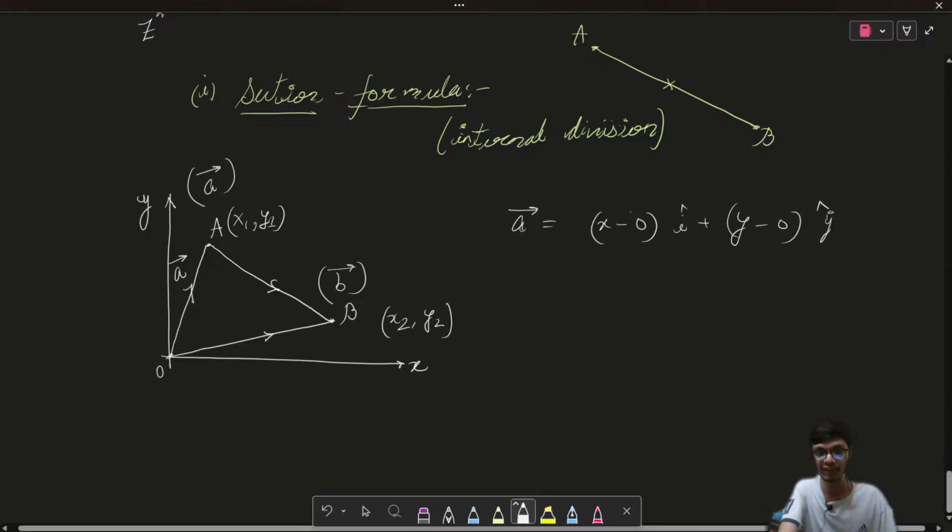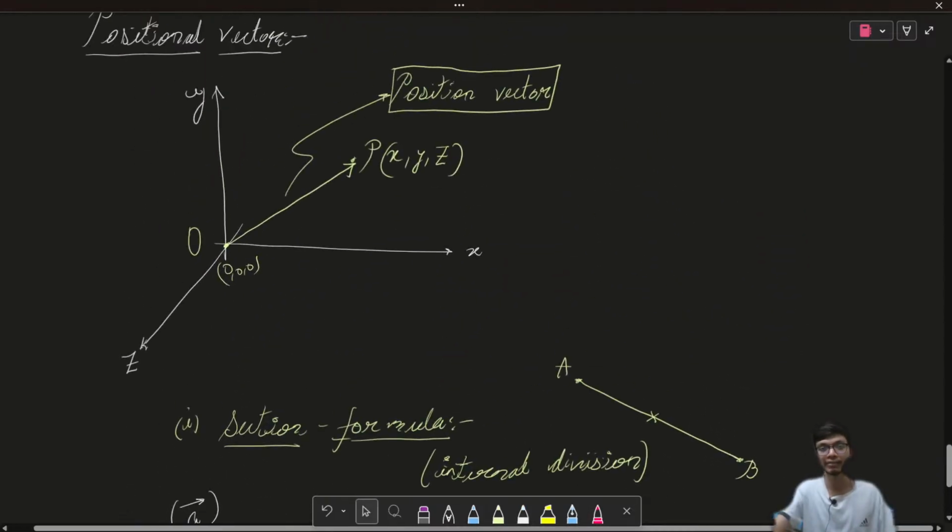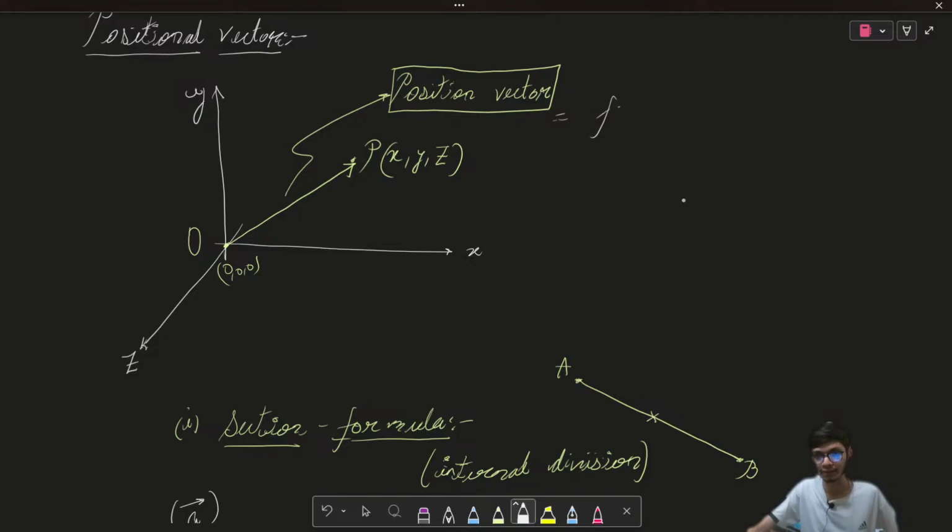because we have learned in position vector that any vector can be given as final minus initial, right? If I subtract the initial from the final, then only I'm able to write the vector for that particular line segment, right?